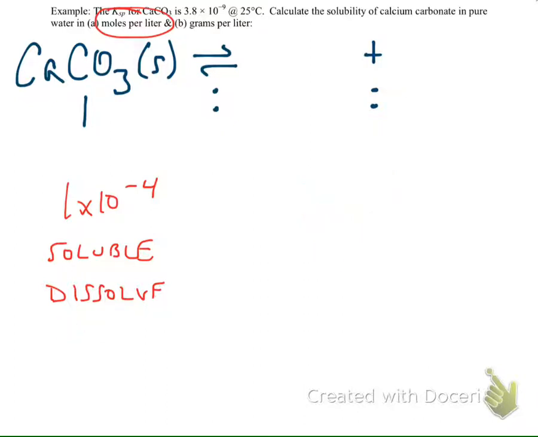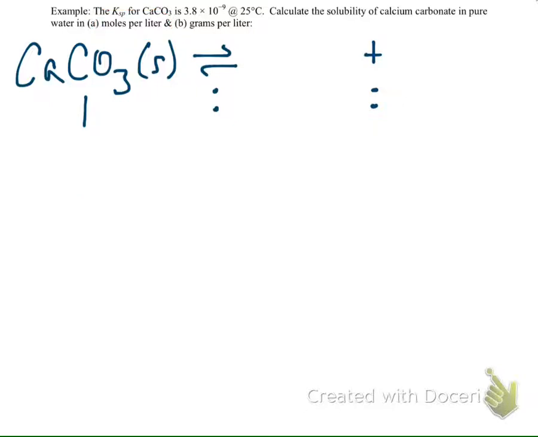Before we do that, we need to know which ions calcium carbonate breaks up into. Thinking of your polyatomic ions, you should know that the first one should be CO3 minus 2, and the second one should be calcium plus 2. No coefficients here, except for 1 to 1 to 1.